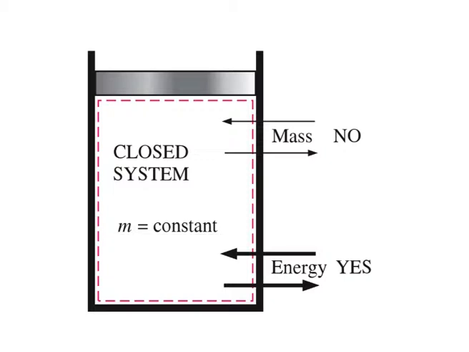That is, no mass can enter or leave a closed system, but energy in the form of heat or work can cross the boundary, and the volume of a closed system does not have to be fixed. If, as a special case, even energy is not allowed to cross the boundary, that system is called an isolated system.